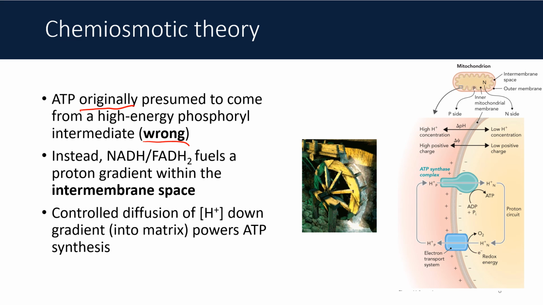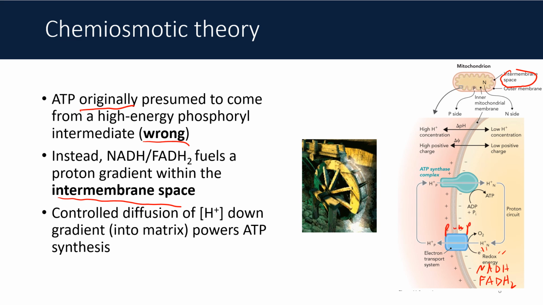In reality, the mitochondria, like I said, uses the chemical energy in these NADH and FADH2 carriers to generate something that's known as a proton gradient within the intermembrane space, that tiny gap between the inner and outer membranes. So what really happens is that our NADH and FADH2 are going to provide some redox energy and power on special proton pumps.